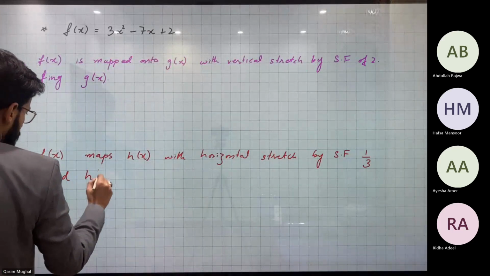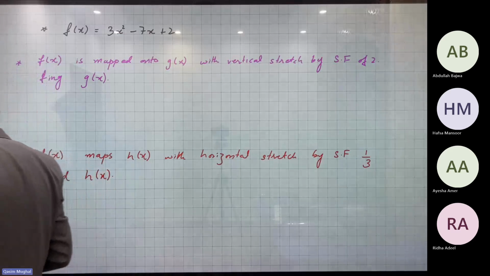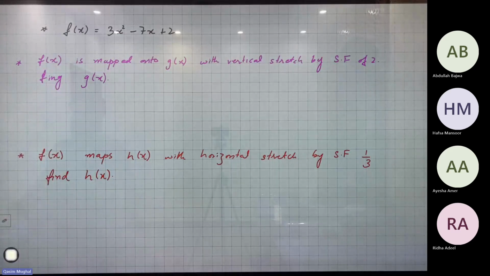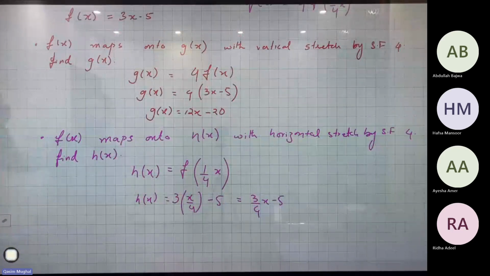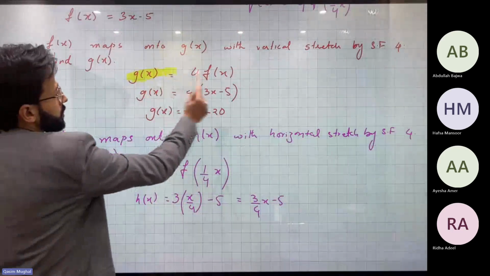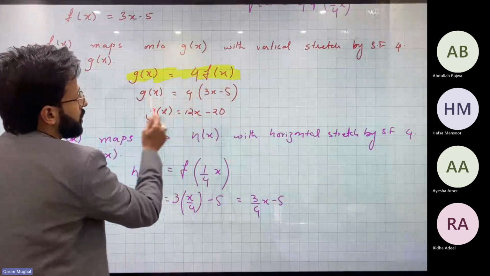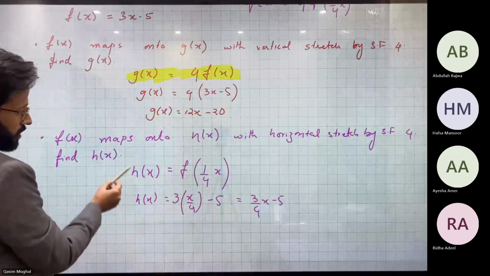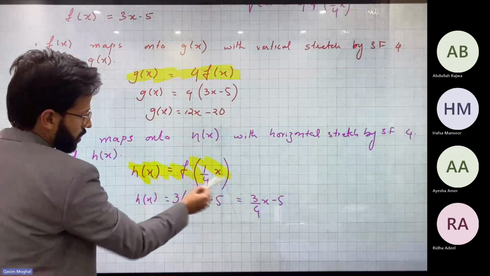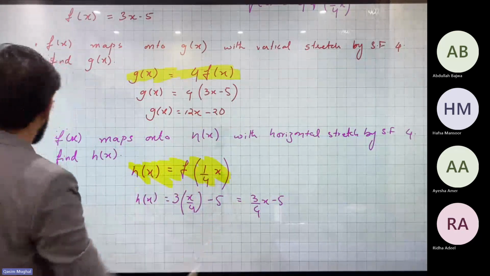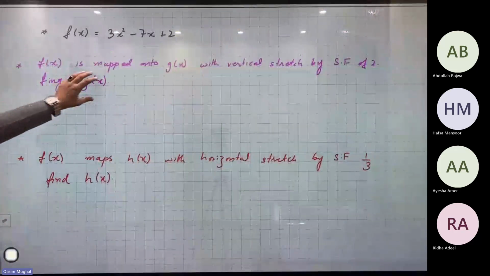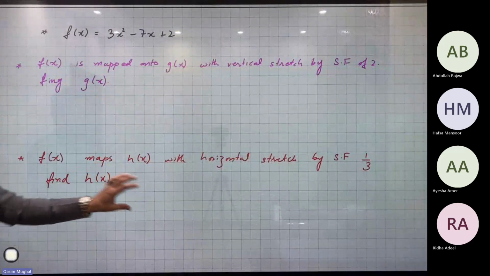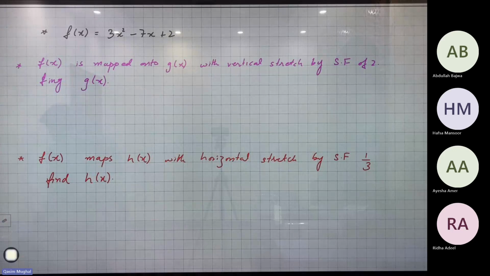Find h of x. Do it exactly in the same manner. First write down the notation part, and then the function part. First we will write the notation of g of x, in the same way for h of x, and after that write the function.